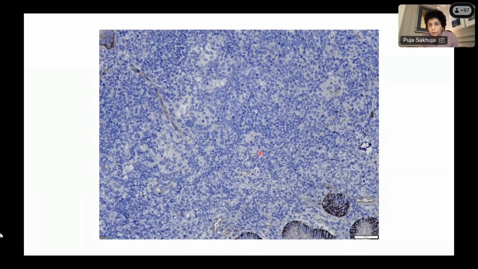So what immunohistochemical stain can we do for plasma cells? CD138. Okay. If we do a CD138, where are we seeing the staining in this case? Generally it will show strong membranous staining.